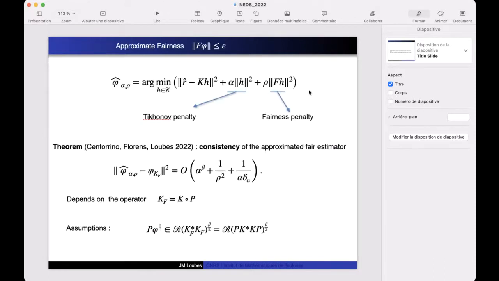Here I just pay the price of changing my estimator to be fair. But maybe from an economic point of view, I should add a price that enforces fairness, that tells me if I'm not fair enough, then I pay a price. And this, for me, should be a relevant criterion.